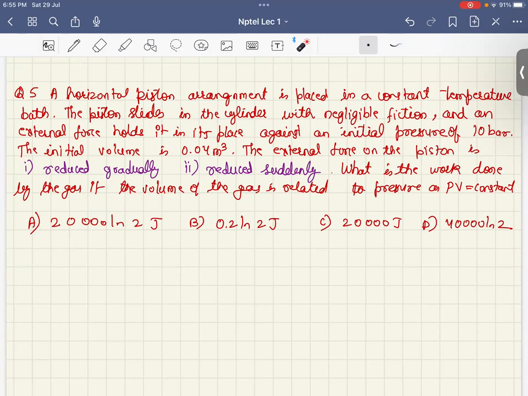And those who have understood can start solving. Anybody got it?